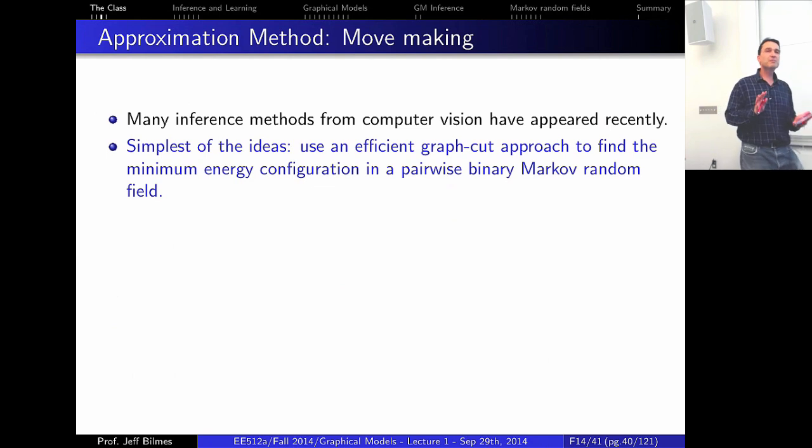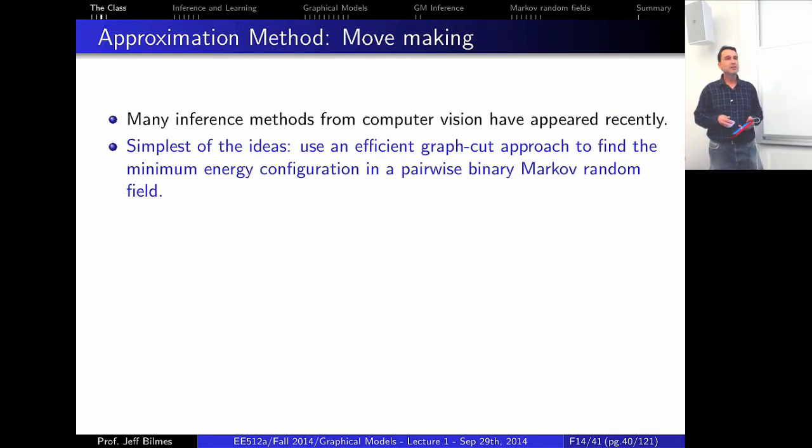And most simply put, move-making strategies correspond to taking a probability distribution and using a surrogate representation, like, for example, a graph, and solving a graph cut problem, like finding a cut in a graph, where the solution to the graph cut problem can be transformed back to the original probabilistic inference problem to give you a solution. And that most strongly relates to things like binary Markov random field distributions, which are very, very prevalent in computer vision applications.